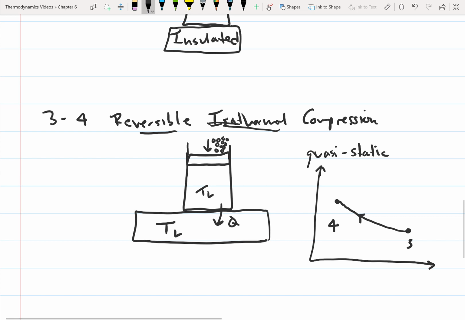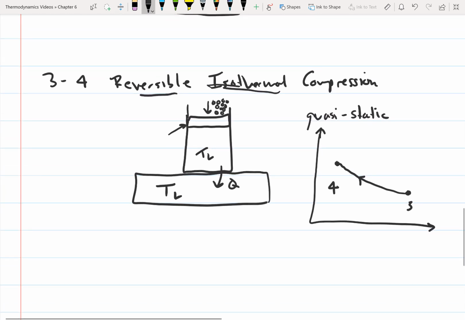If the process happens quickly, we won't necessarily be able to reverse it and follow the same path back, and so then it would be irreversible. So this is going to be reversible because of a few things. First of all, because there's no friction between the piston and cylinder, and second, because it's happening extremely slowly.